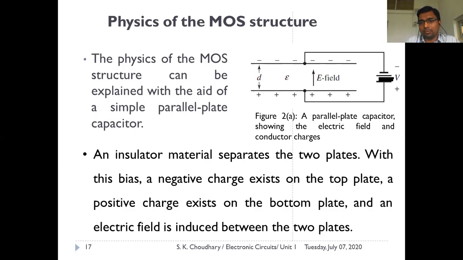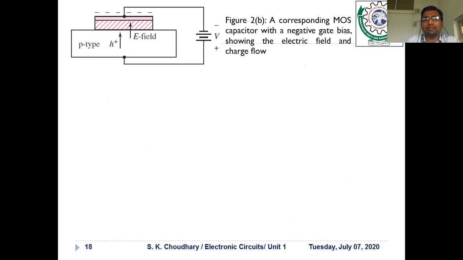Now we have to move forward and use this capacitive structure as a MOS structure. So what changes do we have to make in the next slide? If you see in the next slide, the bottom plate is replaced by a P-type semiconductor, and the top plate has been replaced by a metal structure.